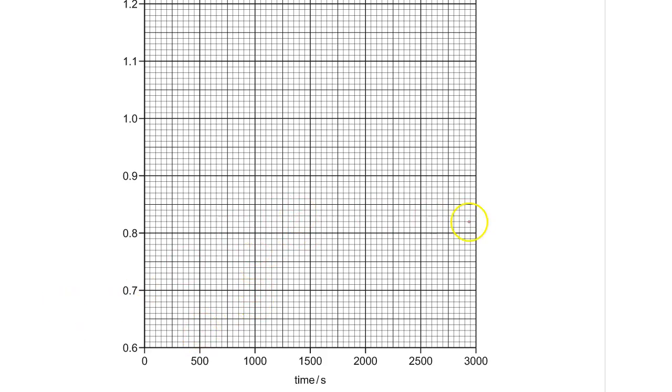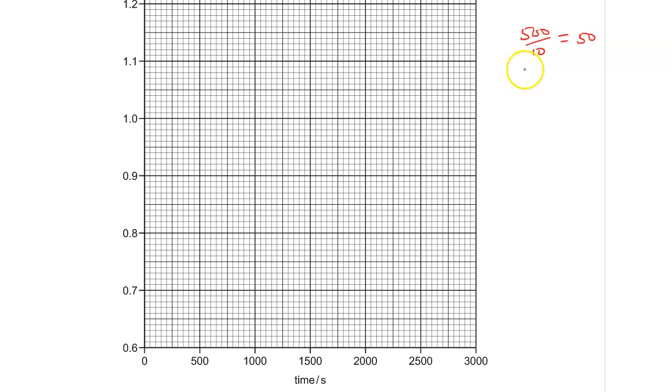Time of 300. Let's see the scale. This is 500 divided by 10, so each small one there is 50 seconds. On the y-axis, we have 0.6, 0.7.